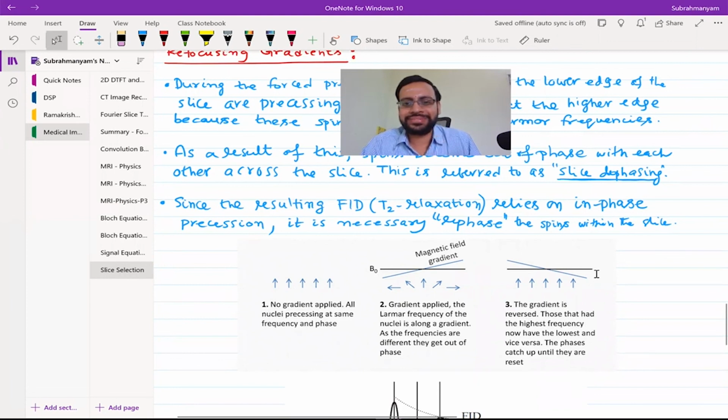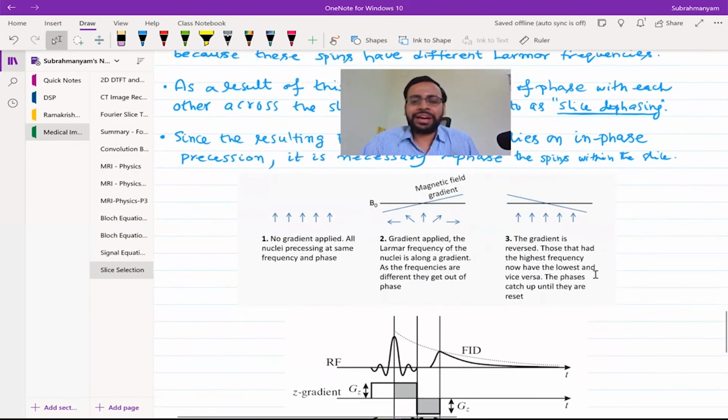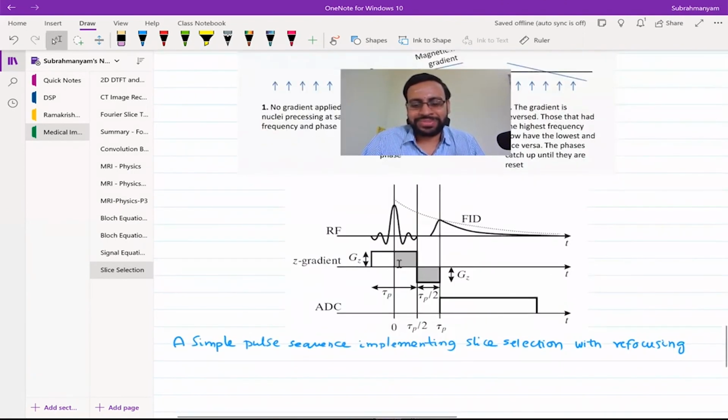Each of them now has the same magnetic field after applying the refocusing gradient. It compensates for whatever differences were there earlier by applying exactly the opposite one. Earlier, as you move towards your right, the frequencies are increasing. Now you are compensating by applying frequencies in the opposite direction to reduce and nullify them overall.